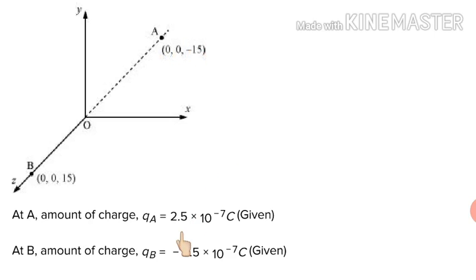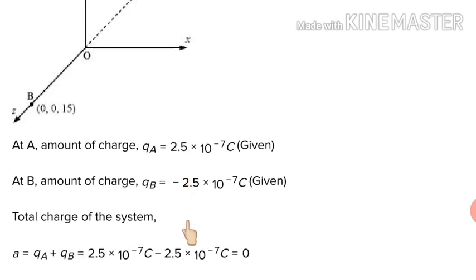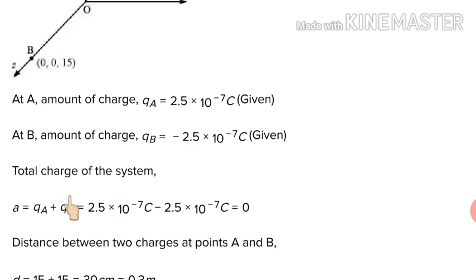At point A, there is a positive charge, which is 2.5 into 10 to the power minus 7 coulomb. If you see it, the charges are equal in magnitude. So if I ask you what the total charge of the system is, one is positive, the other is negative, and both are equal in magnitude, so the total charge will be 0. The net charge of the system will be 0.